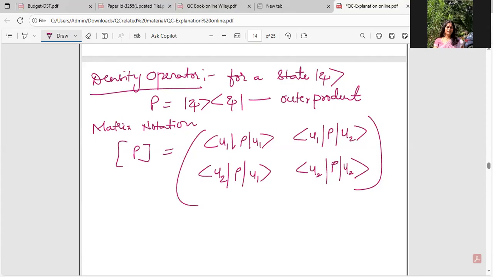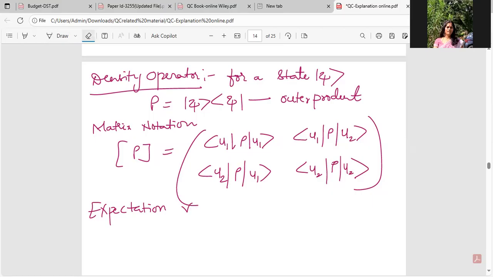In continuation, I'll make a mention of one small thing: expectation. Expectation value. All of us know what expectation is; it is nothing but a mean kind of thing.